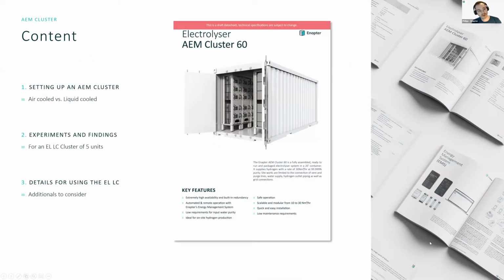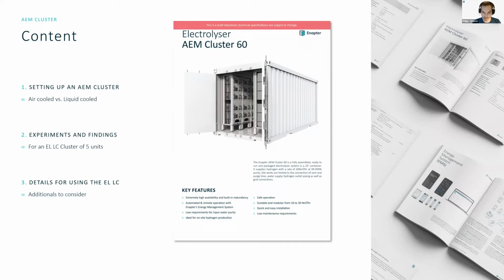So first of all, a little overview about the topics that we're going to discuss within this presentation. First, I want to introduce you to how to set up an AAM cluster. We will talk about the two different variations: the air-cooled version and the liquid-cooled version. Then we're going to talk about experiments and findings from our Enapter lab, where we built an electrolyzer cluster with 5 units.